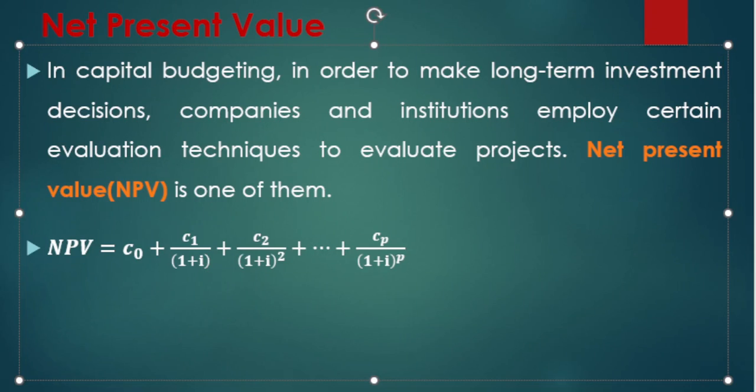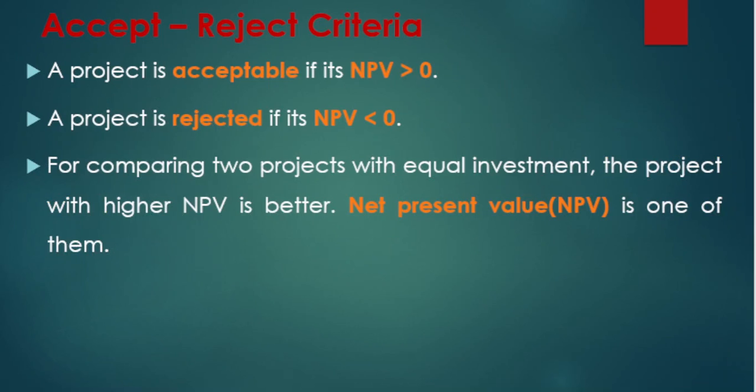Let us take one example, but before taking the example, we have to go through some acceptance and rejection criteria. Means we have to accept or reject the project depending upon the net present value of the project. A project is acceptable if its net present value is greater than 0.